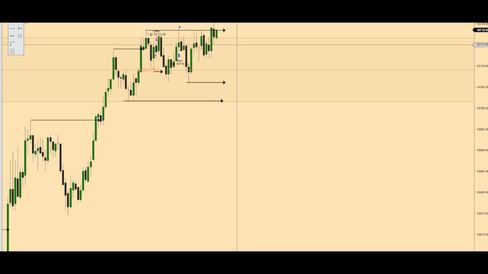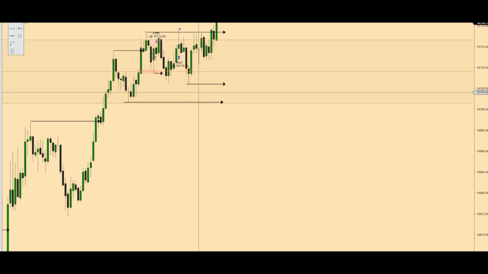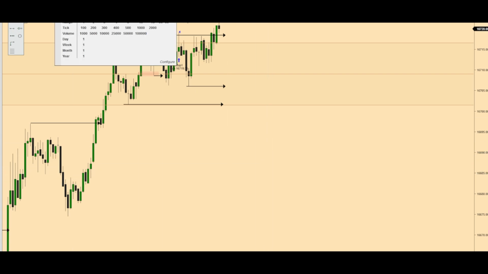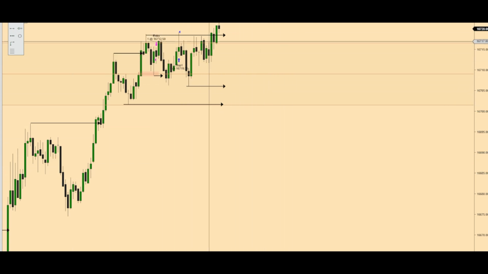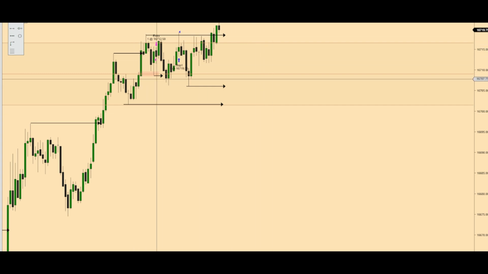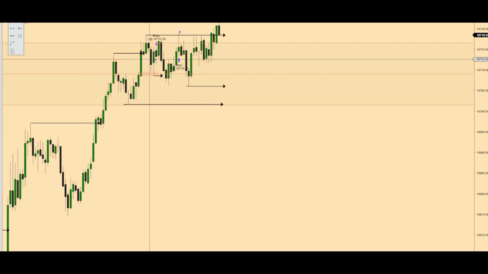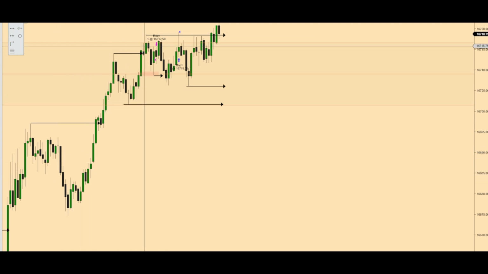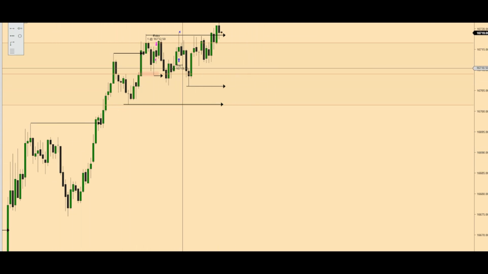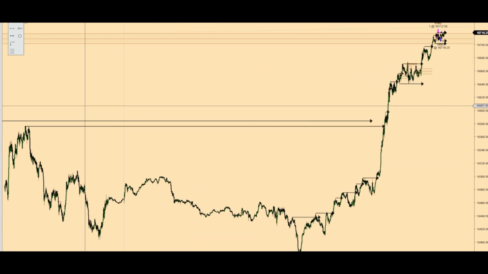Not that crazy of a close though. And so that 60-minute zone, I guess if it was, we want to see a quick reaction out of it. Not come up here and accumulate. Can't see.